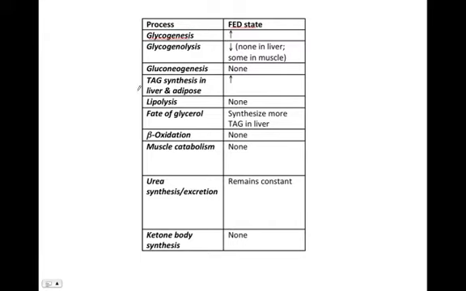These will be our anabolic pathways. The catabolic pathways of glycogenolysis, gluconeogenesis, and beta oxidation will be inactive under the fed state conditions. The urea cycle will remain constant as a means of facilitating protein turnover in the body and excreting excessive protein from the diet.